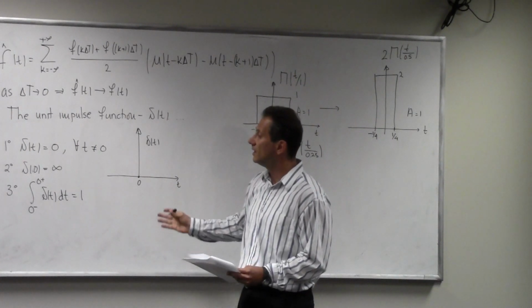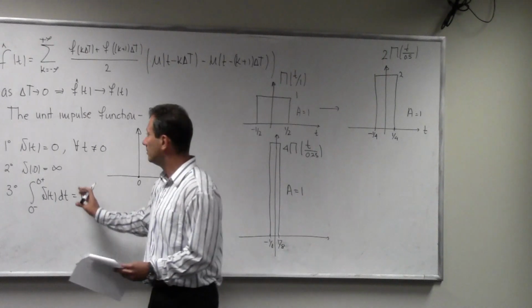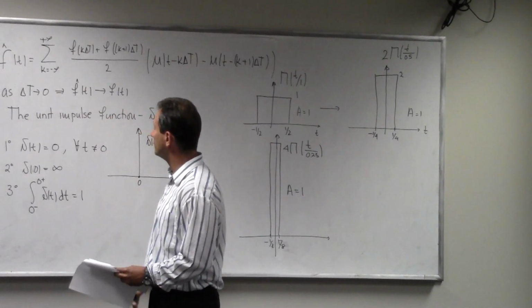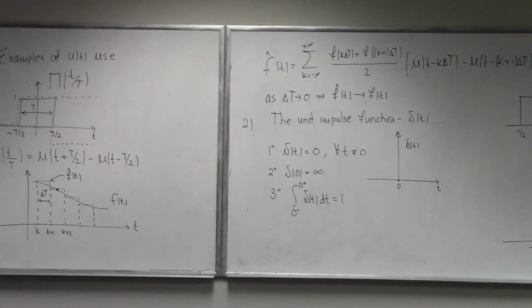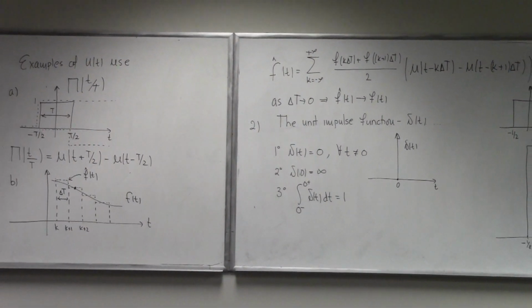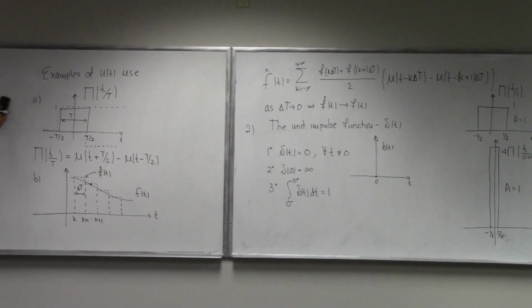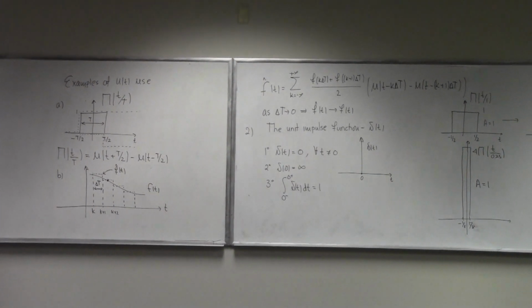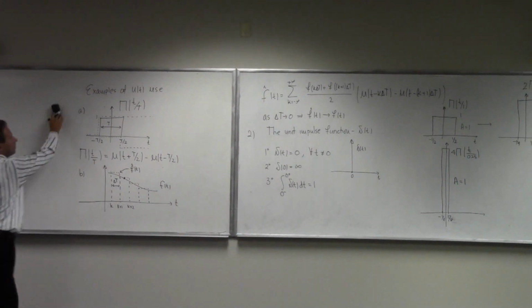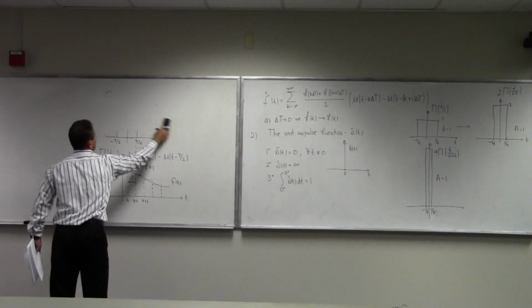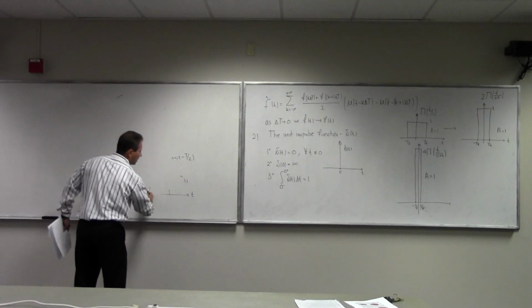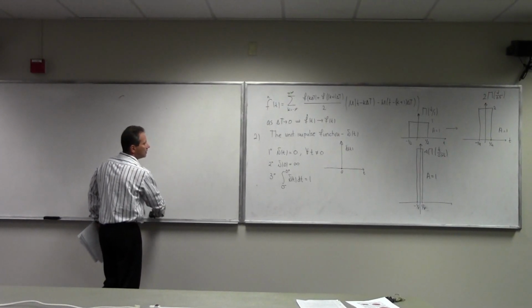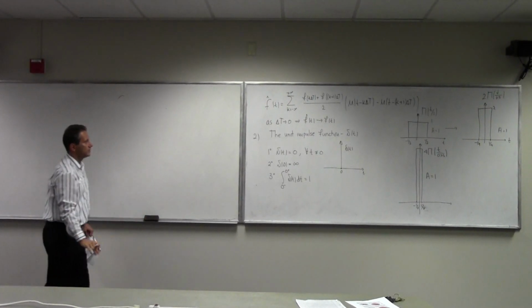Now, this delta function has some properties. We're going to actually highlight only one of them at this point, but we're going to encounter this function very, very often. And I'm going to introduce other of its properties later when it's more appropriate. Here, I just want to introduce one property that's called the shifting property of the delta function. And one reason why I want to introduce it is to show you how you actually do some of the math with this function.